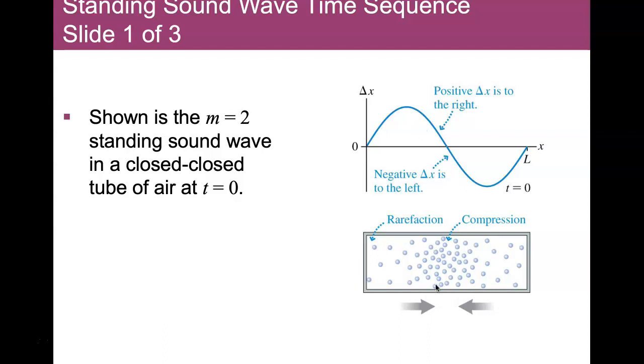And you see, you have pressure antinodes here, right? So let's say the molecules have moved to the center, so there's compression at the center, and there's rarefaction close to the boundaries.